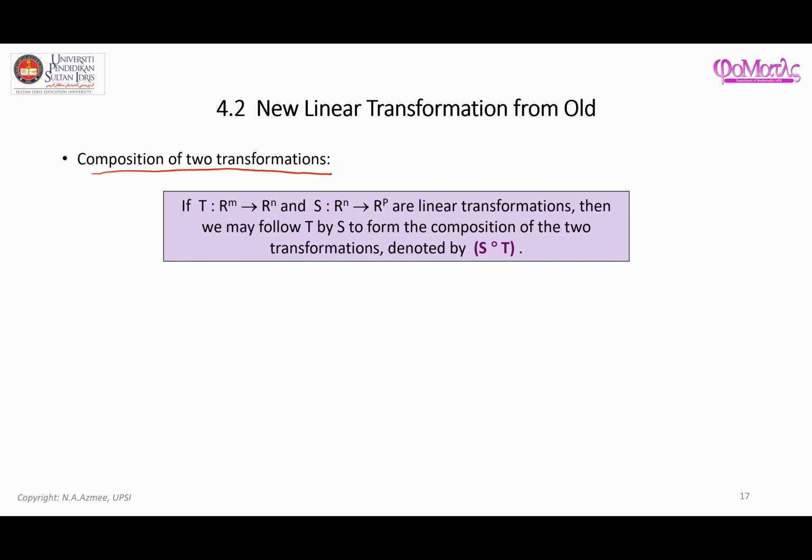So here we have two different transformations, which are linear transformations, defined as T and S. T transforms this vector space to this vector space. And S transforms this one to another vector space.